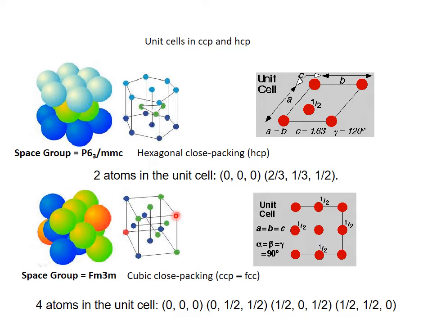These 2 red atoms represent the first layer and the 4th layer, which lie directly on top of each other.